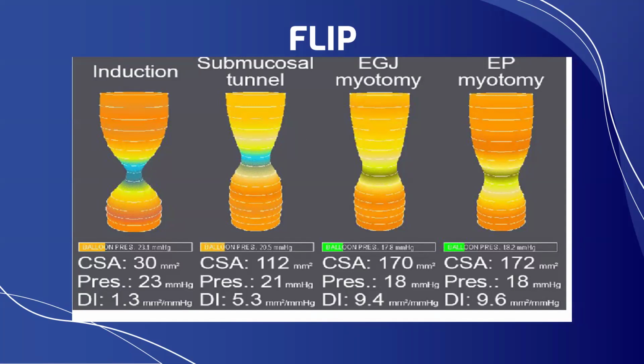When we have done the submucosal tunnel, we can see that the compliance has increased. Then during myotomy, again we have further relief. And finally, with an extended myotomy, we can see the DI has increased to 9.6.